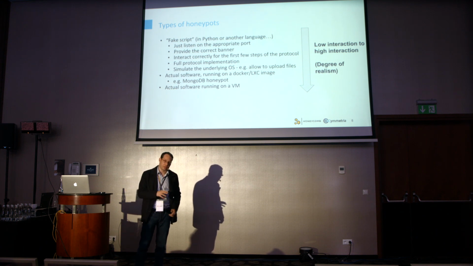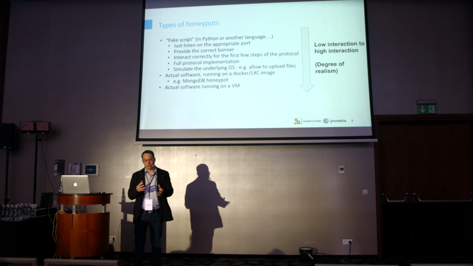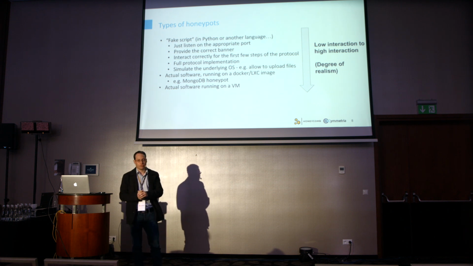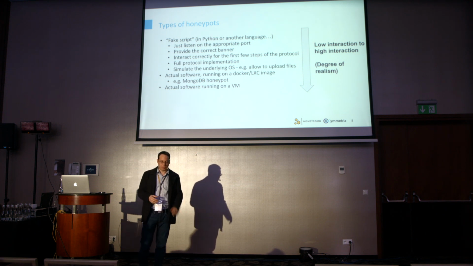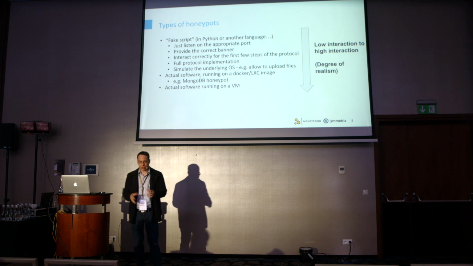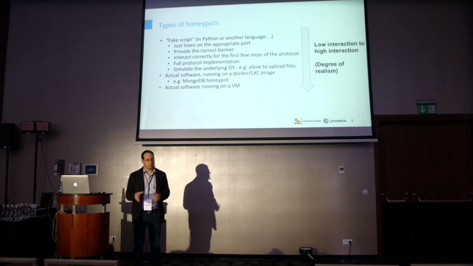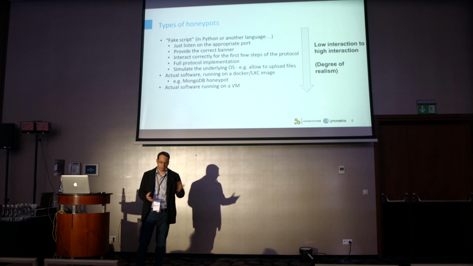The downside of it is that it is harder to make it vulnerable. You either need to get a vulnerable version of this particular service, or you need to write the vulnerability into it. The next step in complexity is, of course, doing the same but on an actual VM. Now, there is not a lot of difference from practical purposes between running it in a Docker and a VM.